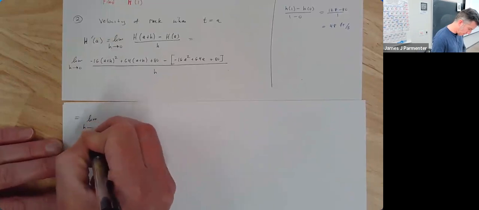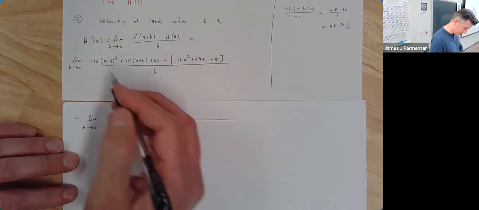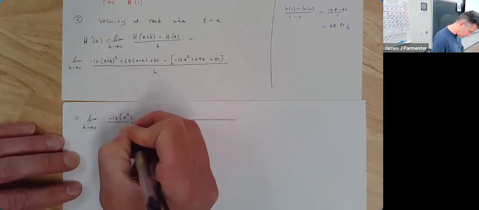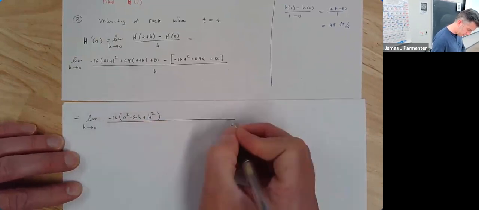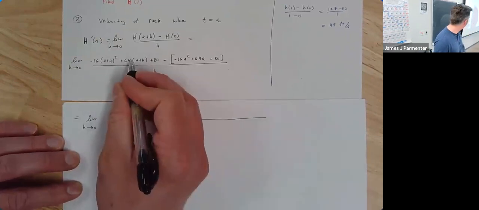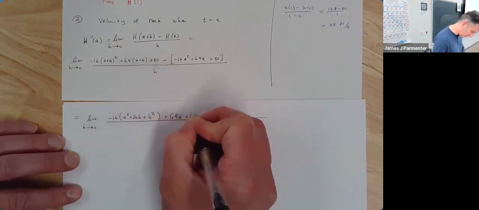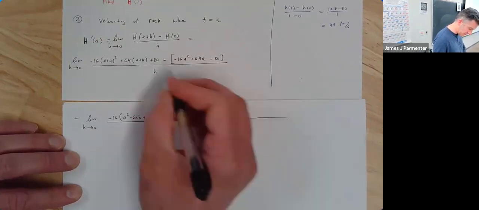The limit as H goes to 0 of, so we need to first multiply this A plus H squared. So that's going to be the negative 16 times A squared plus 2AH plus H squared. Distribute the 64. So you get a 64A plus 64H plus 80. And then distribute this minus sign.